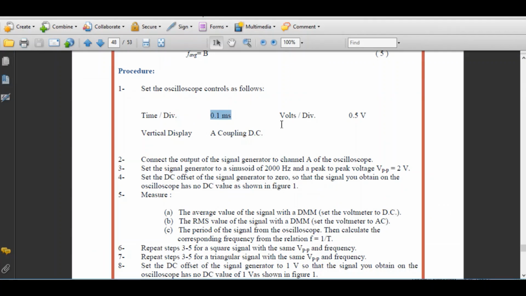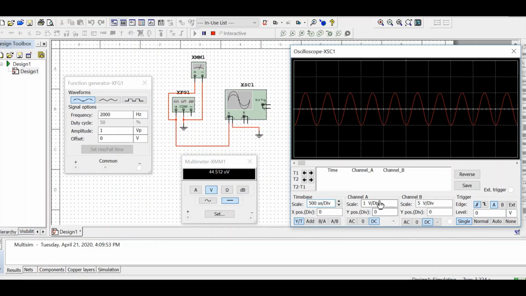This is the time base which you need to set in the manual. Here the time base should be here and the volts per division should be here. So this is the volts per division, and this is the time base.